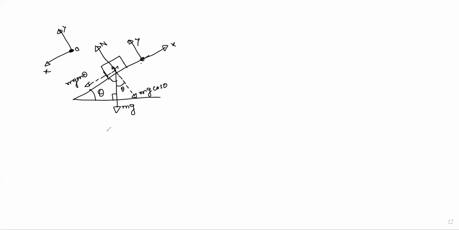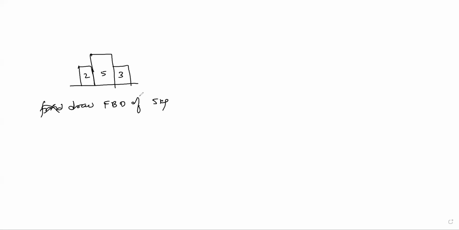Now this is another diagram. Let's have another diagram one more time. Suppose this is the case. Suppose these are 2, 5, 3. Draw the FBD of 5 kilo. This is the 5 kilo.